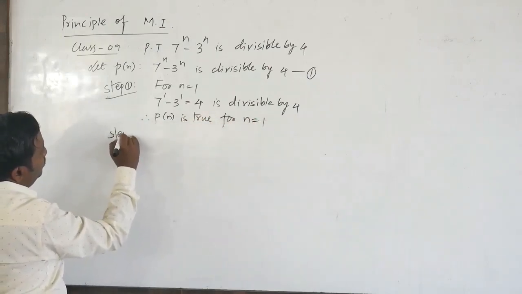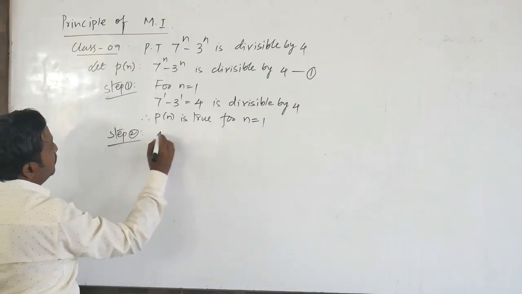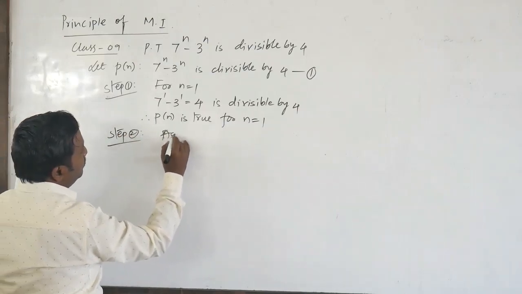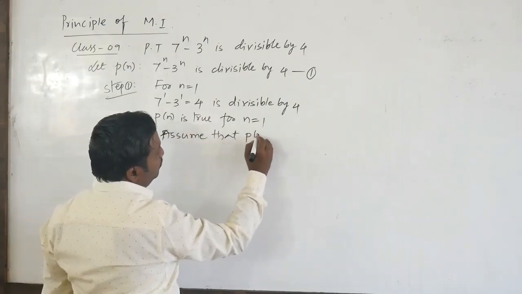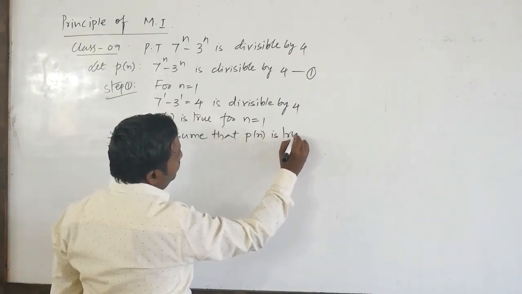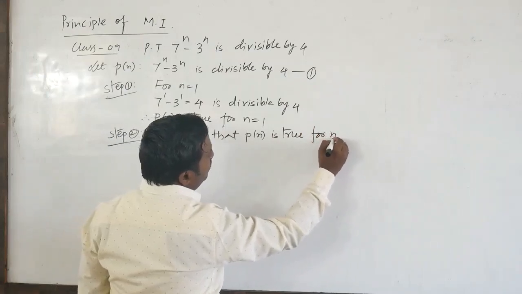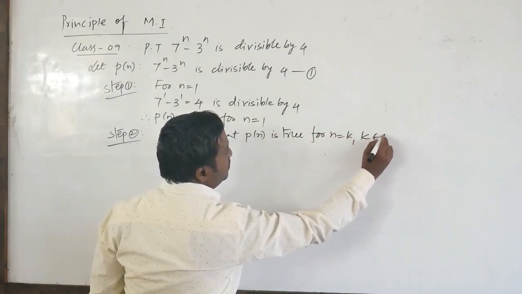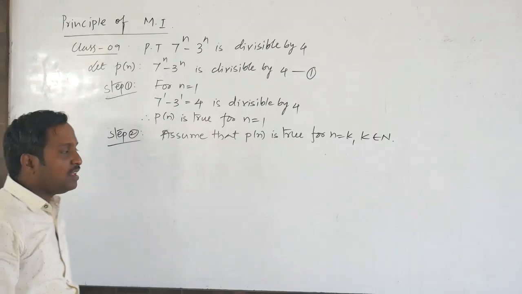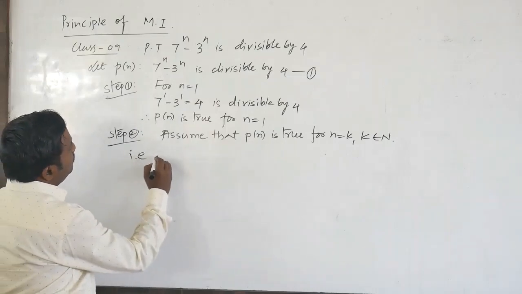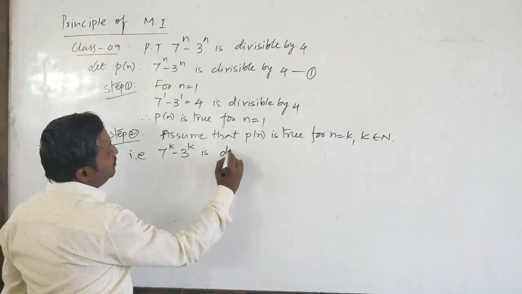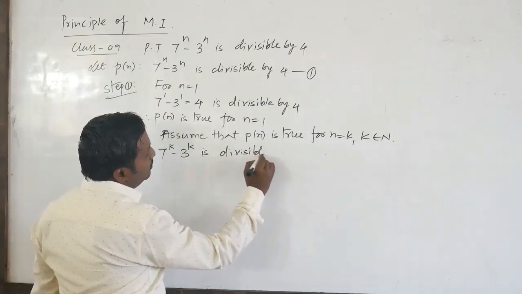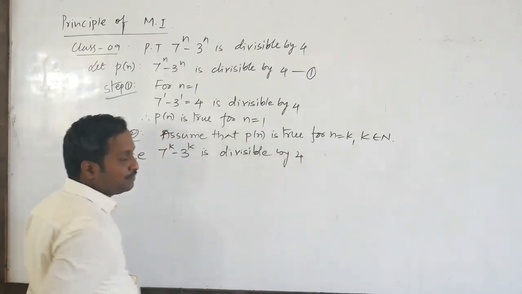Step 2: assume that P of n is true for n equal to k, where k is some integer. That is, 7 raised to k minus 3 raised to k is divisible by 4.